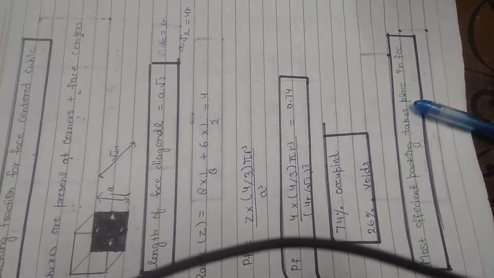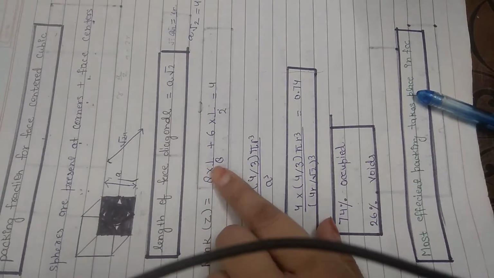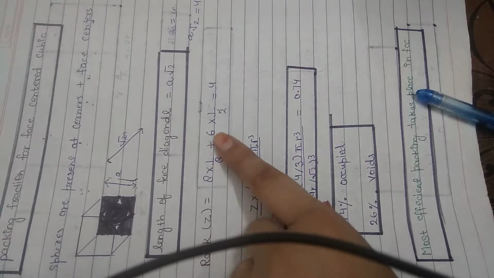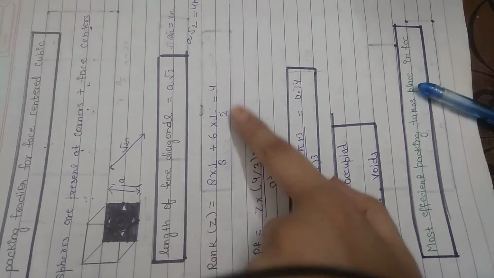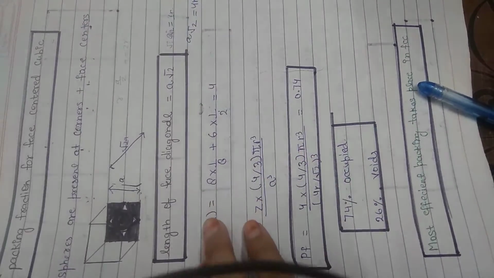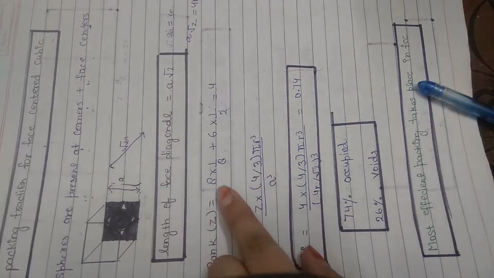So Z is equal to 8 into 1 upon 8 plus 6 into 1 upon 2, which is equal to 4. What is Z?